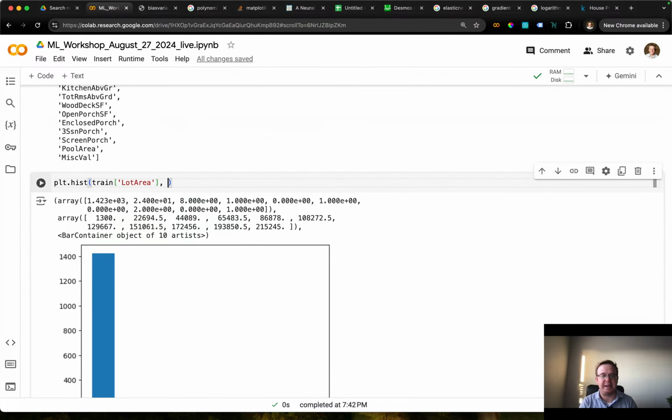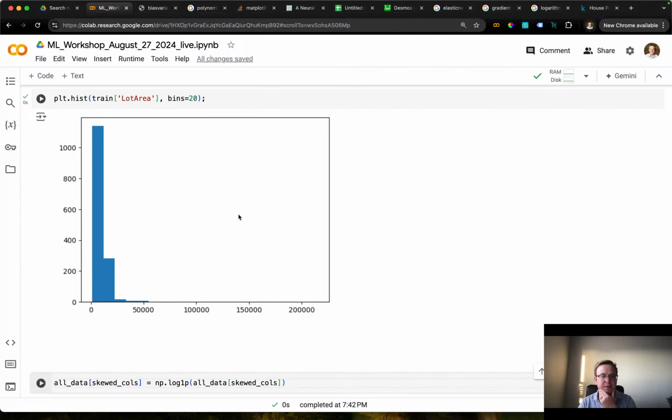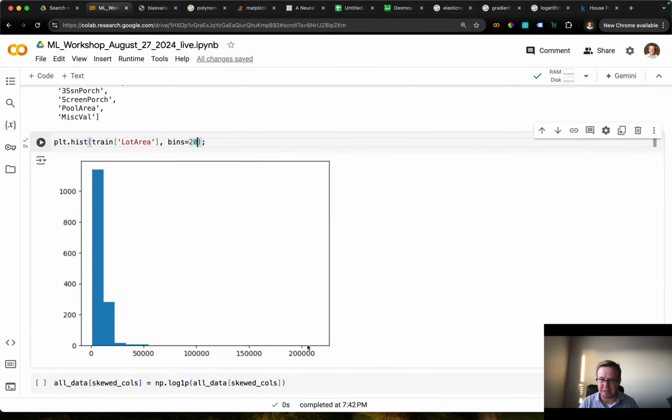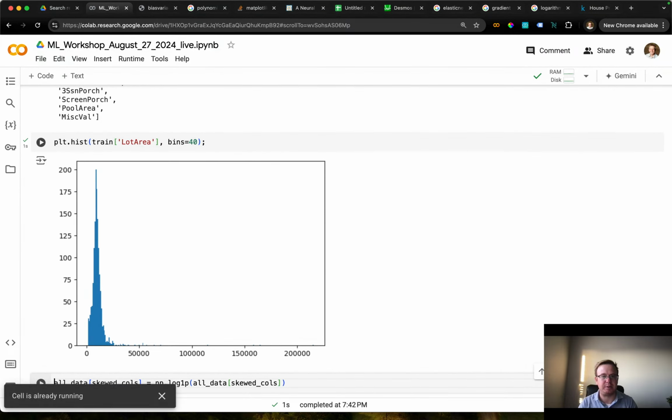And let's increase the bin size, or the number of bins rather. And it looks kind of skewed, right? We've got this big spike at the left and moving to the right. Now, we have some weird property that is really giant out here that's kind of squishing all this. I wish I could turn that off. Oh, I just meant to set that to 40. Oh, maybe 240 is not bad, actually.